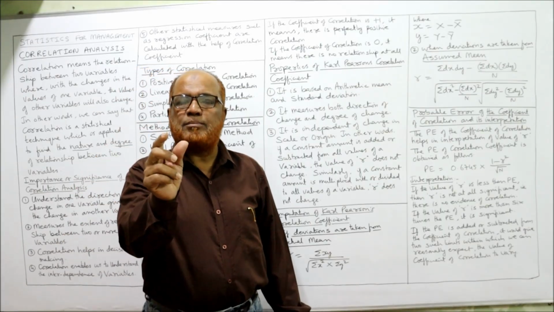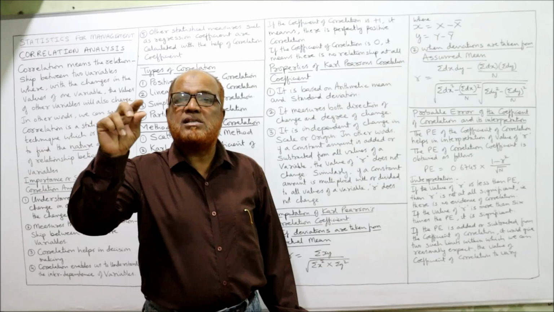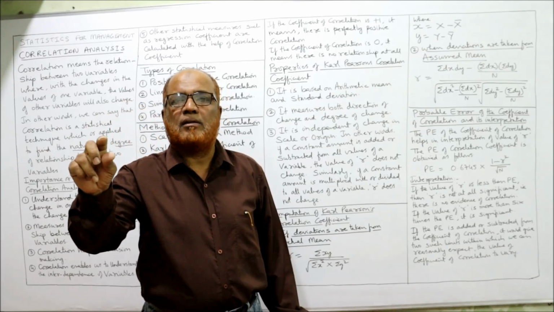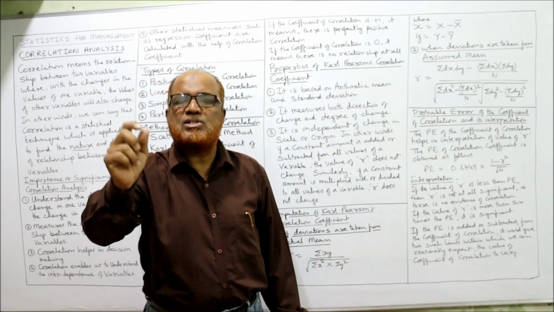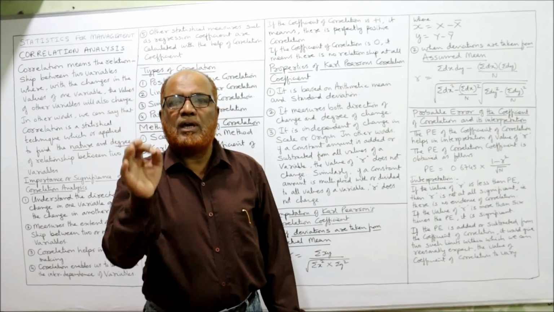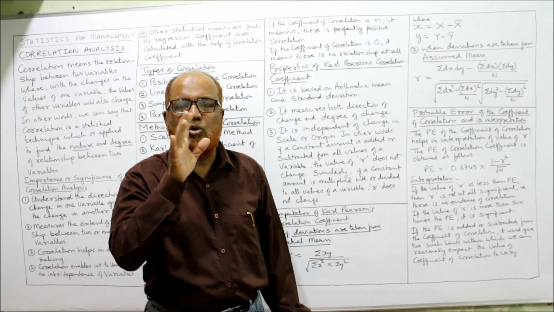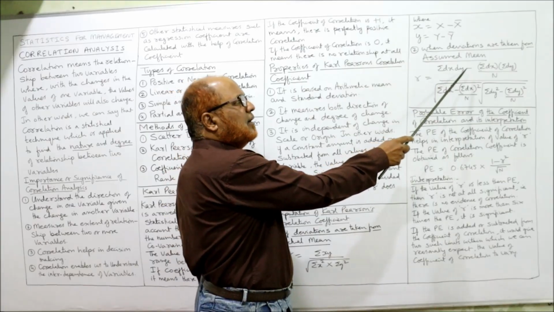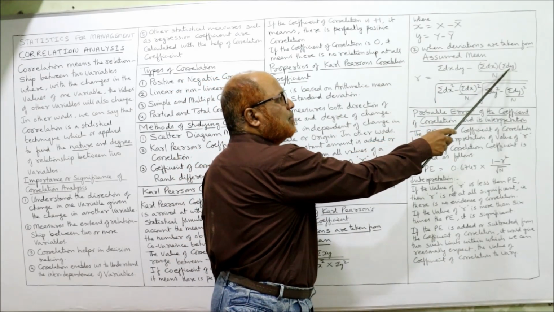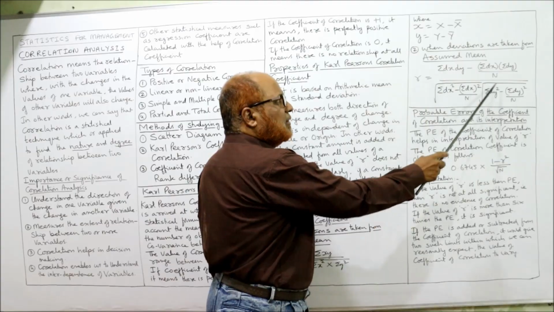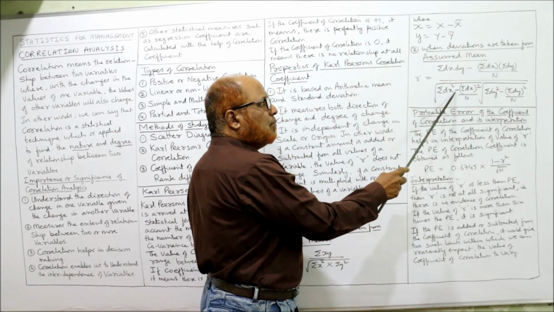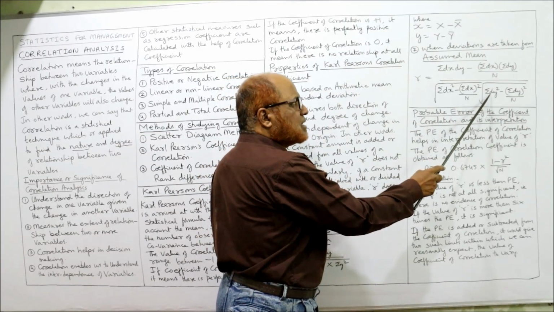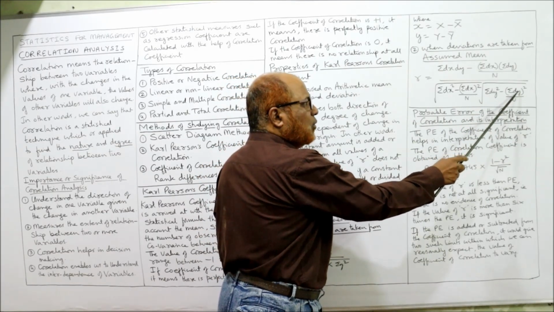Second, when the arithmetic mean is in fraction, take the assumed mean and take all the deviations from the assumed mean. If you have taken the deviations from the assumed mean, the formula for r is summation dx dy minus summation dx into summation dy by n, whole divided by the square root of summation dx square minus summation dx whole square by n, then again under root summation dy square minus summation dy whole square by n.